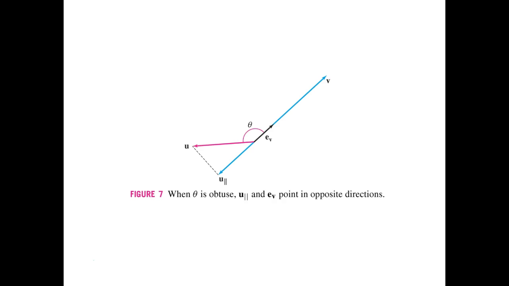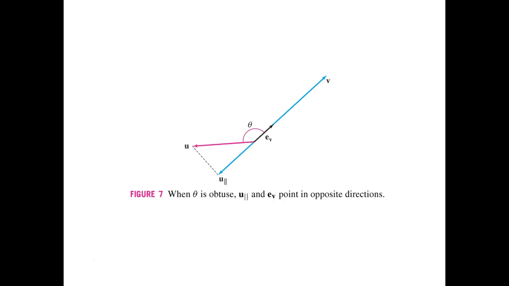If you think through what we were just saying, when this angle is obtuse, the first we showed was acute. When it's obtuse, then that dot product we were talking about before is a negative number.